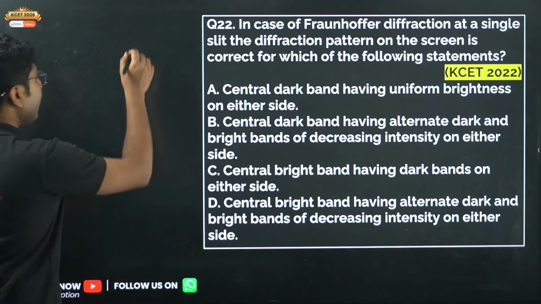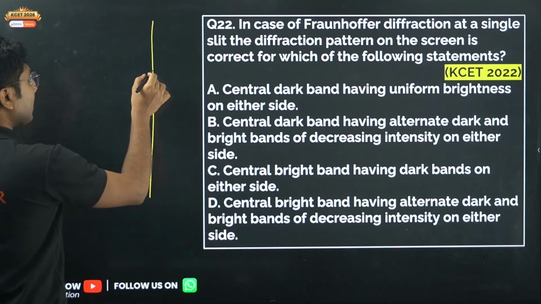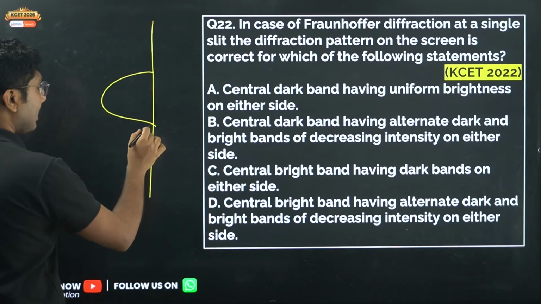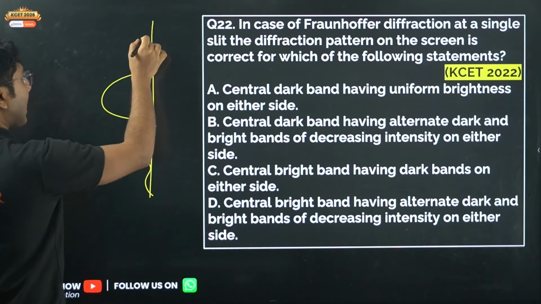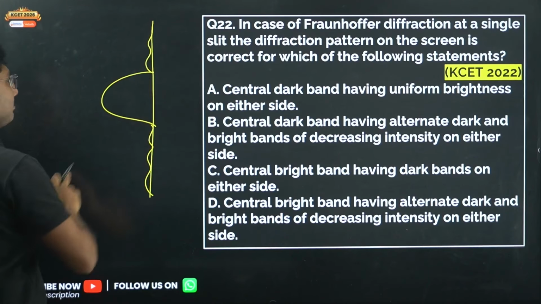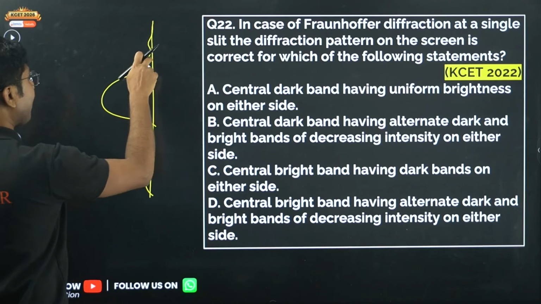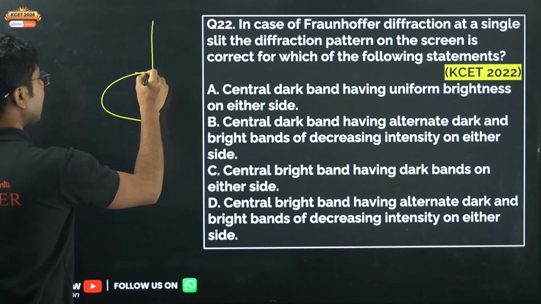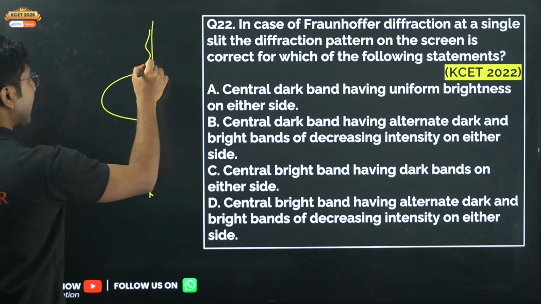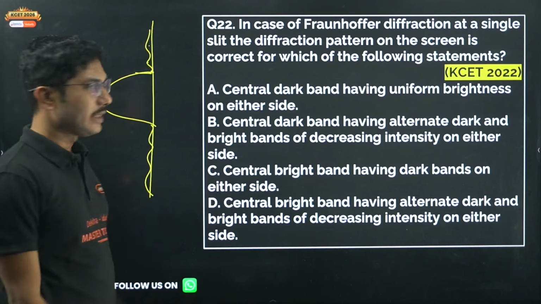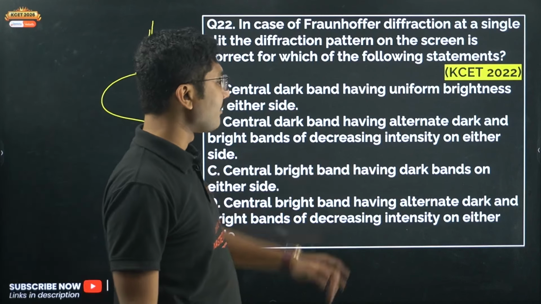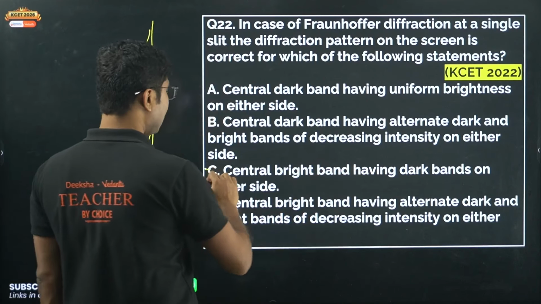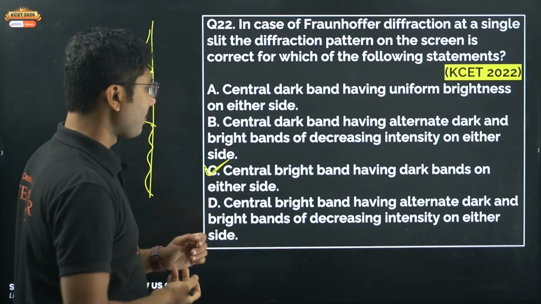So in a diffraction pattern, always remember the central band, or central fringe, is always bright, and then we get dark, then bright, dark and bright, like that. So central bright band having dark bands on either side is the correct answer.